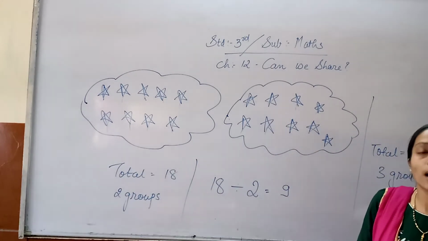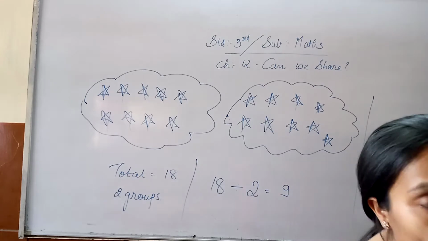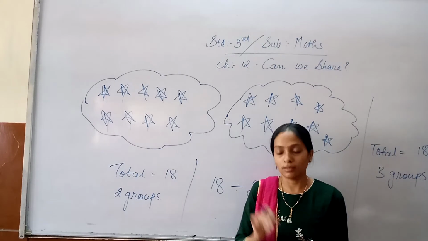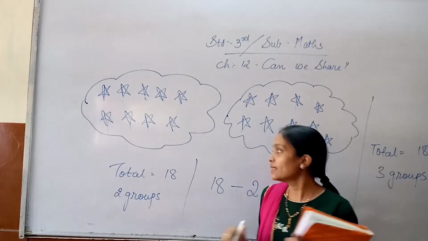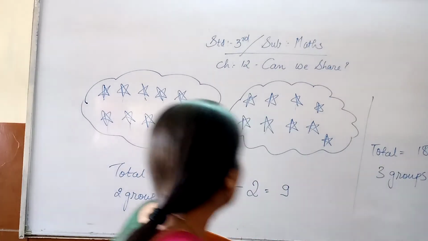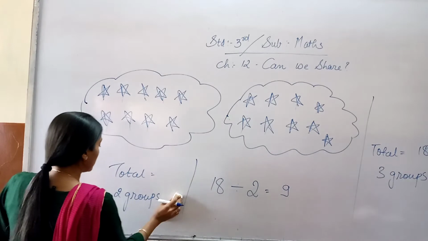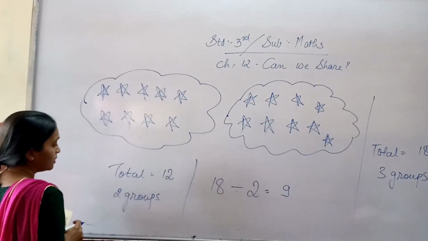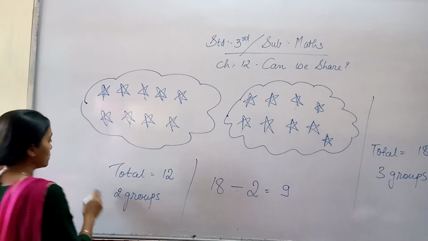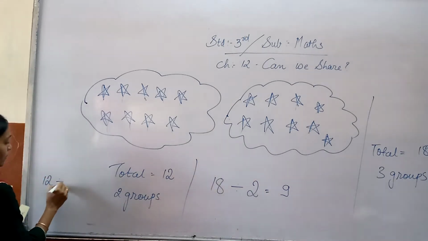The same way the total apples are 12 and those apples are divided into 2 groups. So in each group there are, the apples are 12 total apples and it is divided into 2 groups. 12 divided by 2.